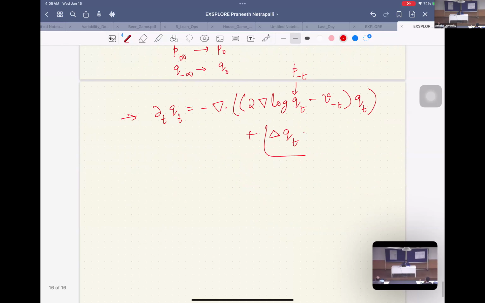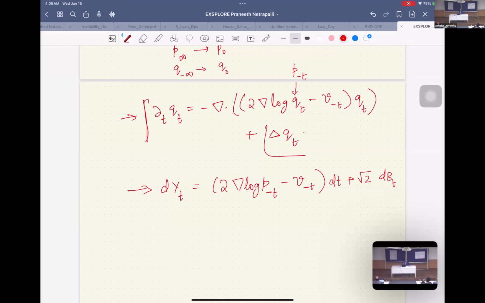So what we should be doing is we should have dyt is equal to 2 grad log, as Rama said, we will make this p minus t, minus v minus t dt plus square root 2 dbt. If we are able to implement this in the particle space, then in the probability space we are getting this equation, and this is exactly reversing the original equation that we actually had.